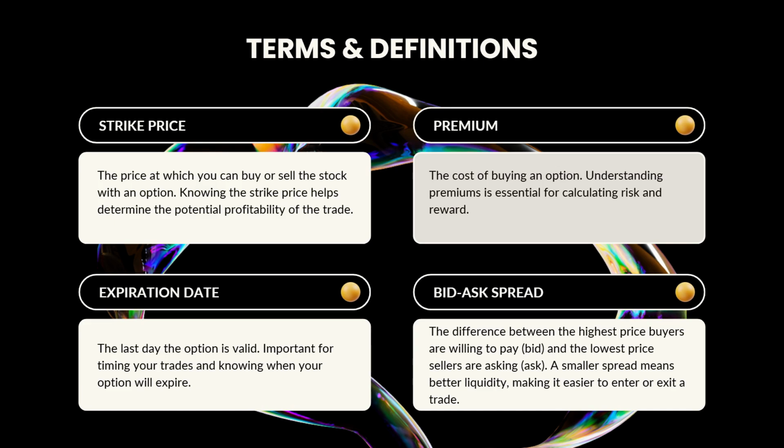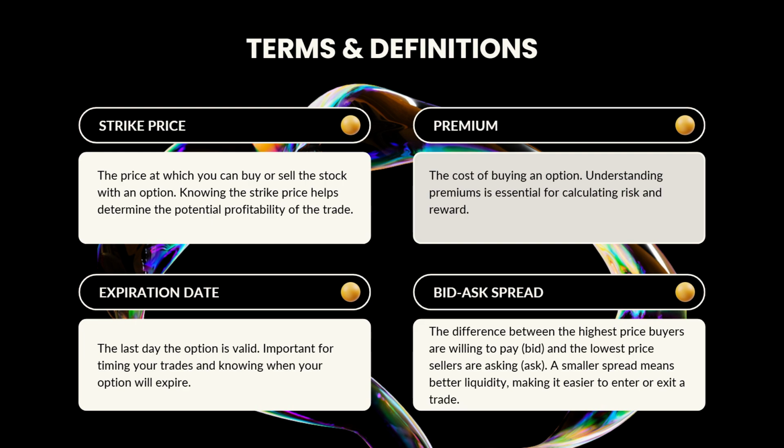The premium is how much we pay for the contract. Each contract has 100 shares in it, so the premium is basically how much you are going to pay for the contract. The expiration date is when your contracts expire. If your stock or option does not meet the required strike price in a certain time frame, aka the expiration date, you either lose money or you can make money.